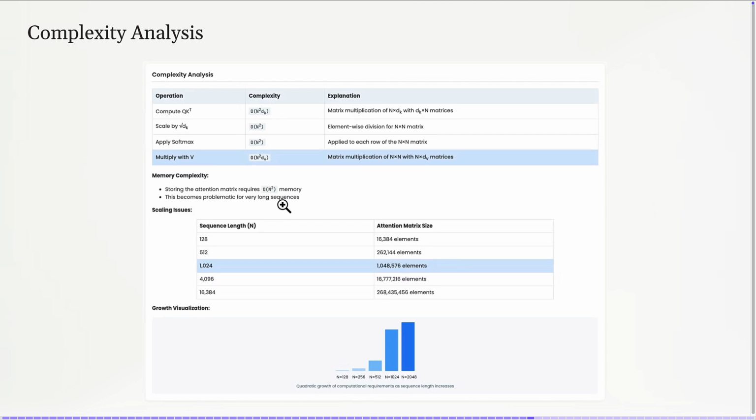QK has a complexity of the order n squared multiplied by dk. dk is just a factor, so the complexity is quadratic. The scaling by the square root of dk is O(n squared) because we have element-wise division over an n by n matrix. Applying the softmax is also O(n squared) because it is applied to an n by n matrix. So the overall complexity is n squared, which is quadratic complexity.